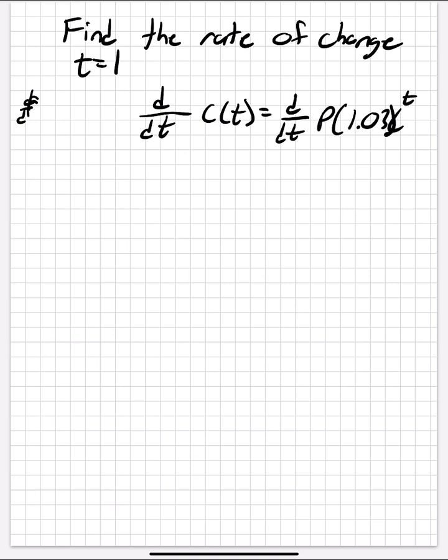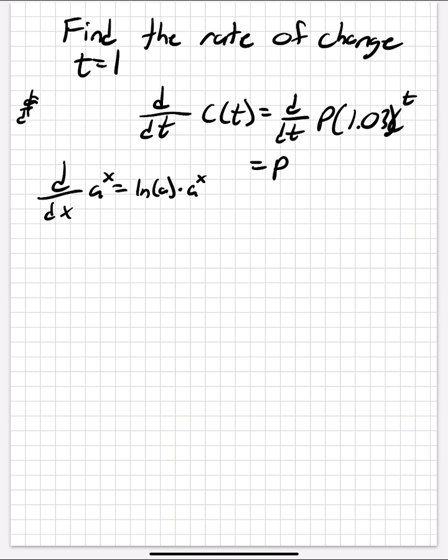So we're going to find the derivative of our cost function. It doesn't matter what P is, because that's not going to change how fast or slow it is growing, so we'll just ignore it for a moment. Just as a reminder, the derivative of a number to the x power is the natural log of that number times the number to the x power. I'm going to bring that P over because it's just tagging along.